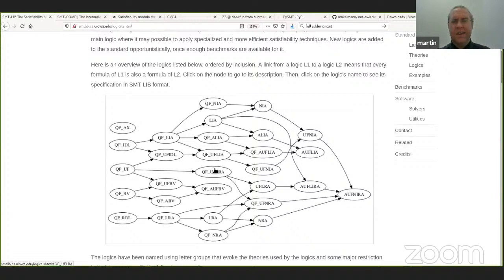In fact, it's relatively rare to find solvers that implement all of the theories. I think there are two solvers that implement all of the standard theories. Most people choose to specialize. Most people implement one or maybe two theories.